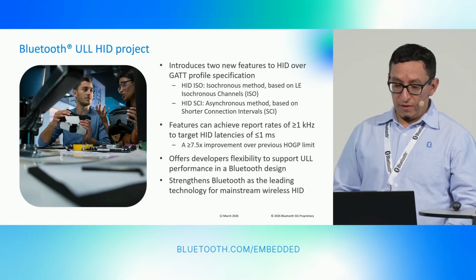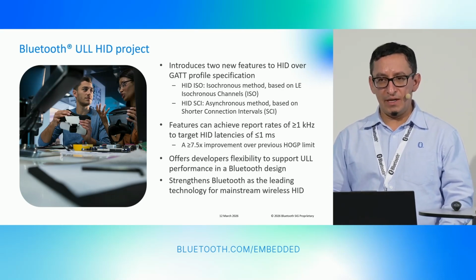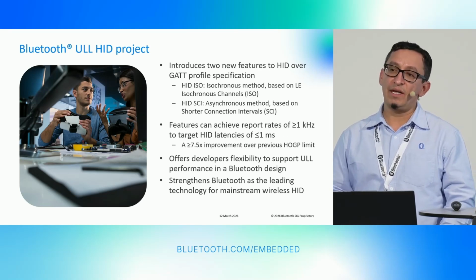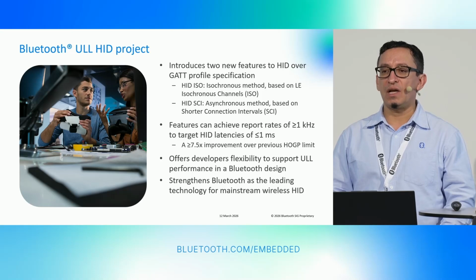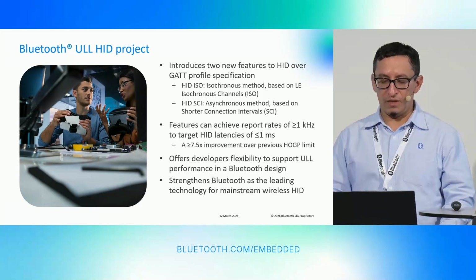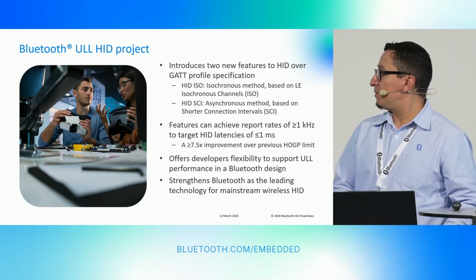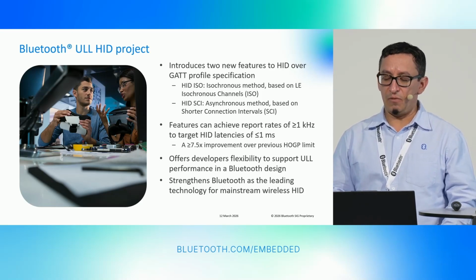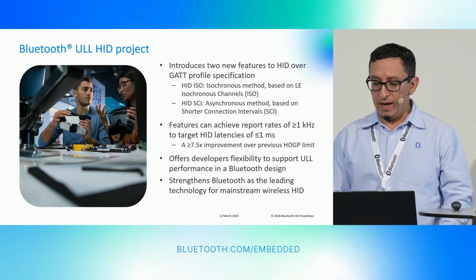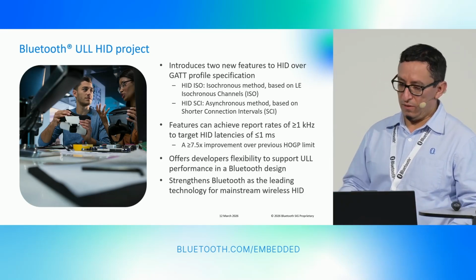Now, these two features offer HID designers and developers flexibility to implement ultra-low latency HID solutions, as now developers can choose the option that's best suited for their architectural needs and constraints. Overall, the ULL HID project strengthens Bluetooth as the leading technology for mainstream wireless HID. And the slides that follow will be taking us through a high-level technical overview of both features.